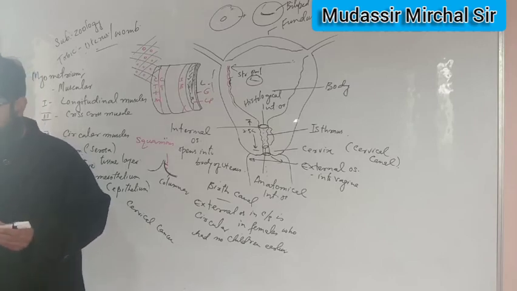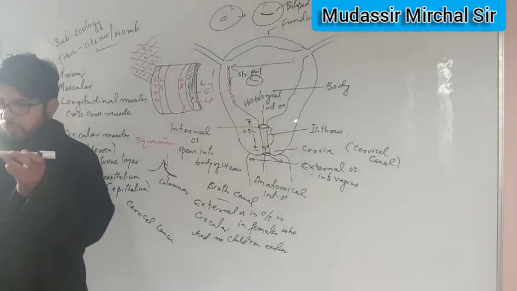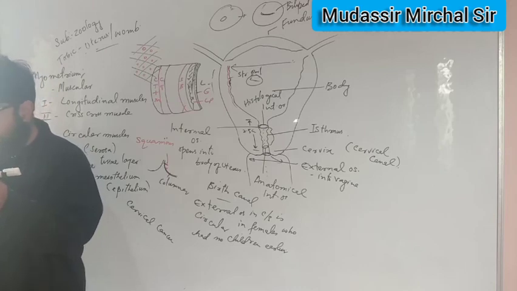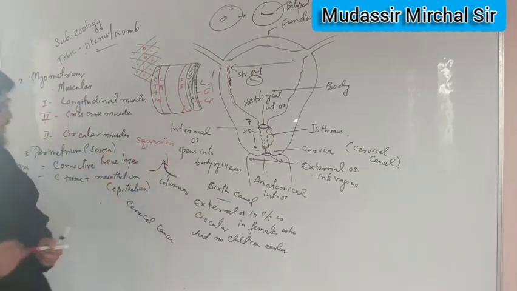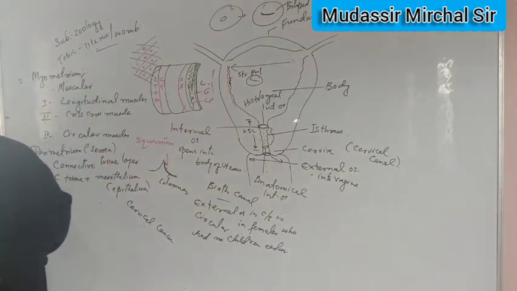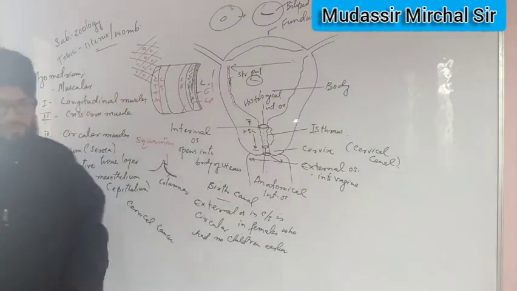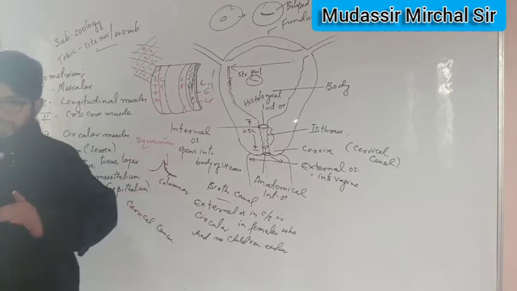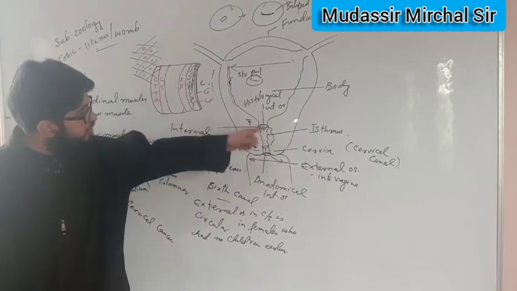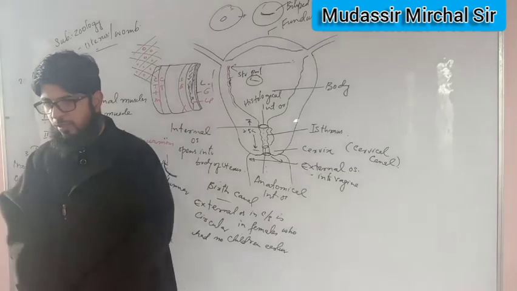For example, this is made of columnar epithelium, this is made of squamous epithelium. एक पॉइंट होगा ना जहां पर दोनों कॉमन होंगे. That junction is called the squamo-columnar junction, and that has quite high chances of cancer. So chances of cancer are in the squamo-columnar junction of the external os of the cervix. Is that okay? Okay, fine.